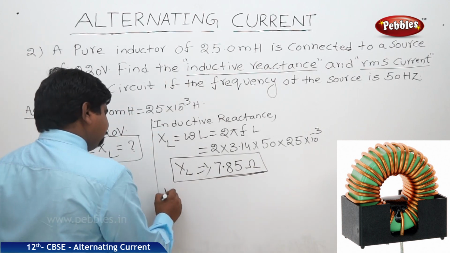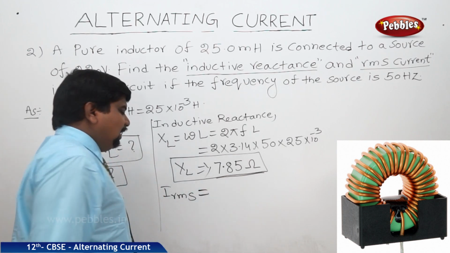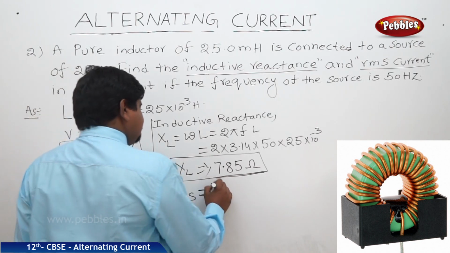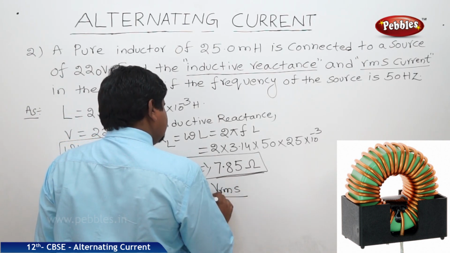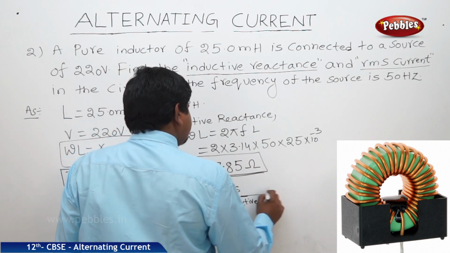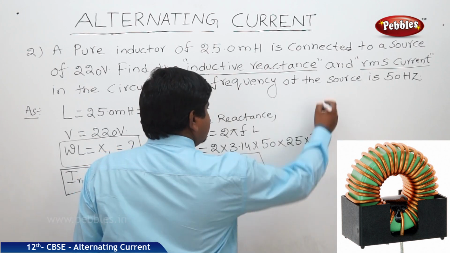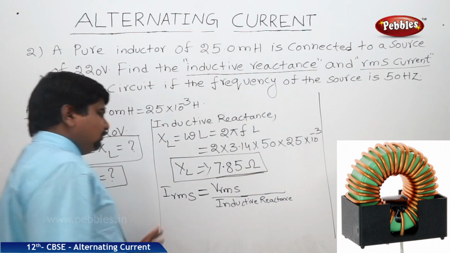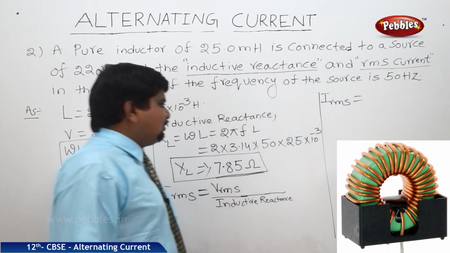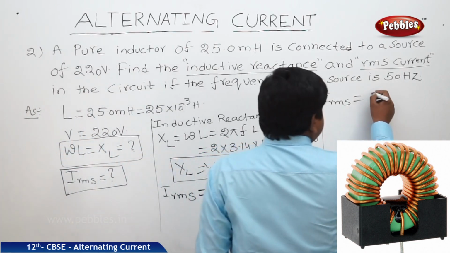What is the next bit to find out? RMS current. IRMS is equal to VRMS by inductive reactance. Therefore, IRMS is equal to, what is VRMS? 220 volts. Inductive reactance 7.85 ohms.